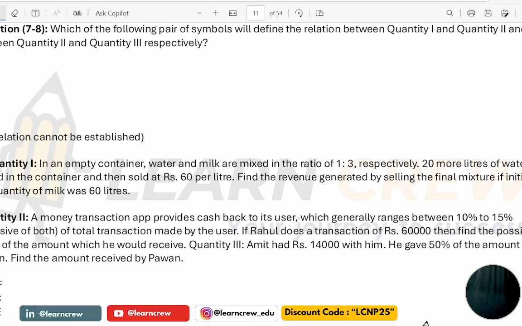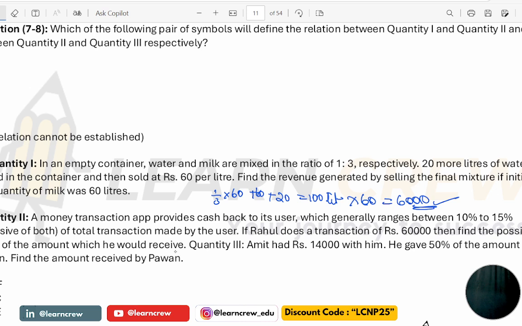So what is the answer here? 1/3 of 60 plus 60 plus 20, the quantity of the final mixture, is 100 liters. Revenue generated is 100 into 60, which is 6,000. Answer is 6,000. Quantity 1 is 6,000.